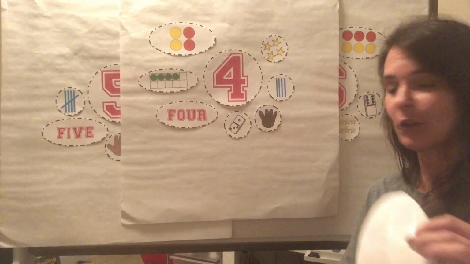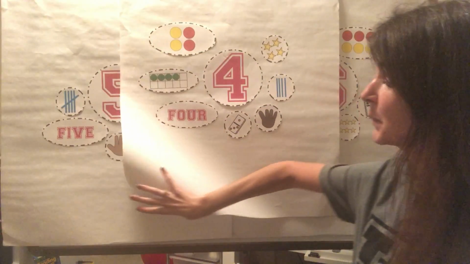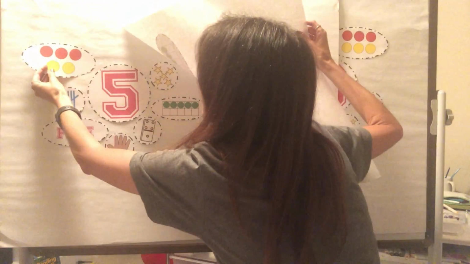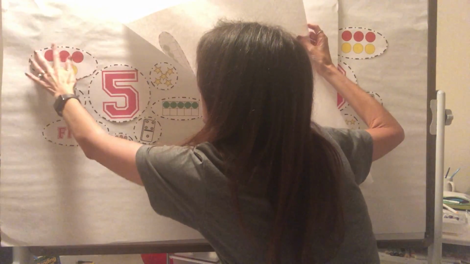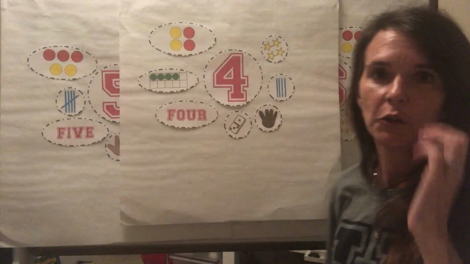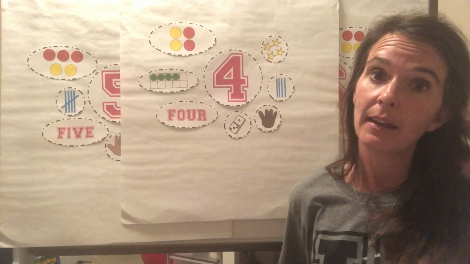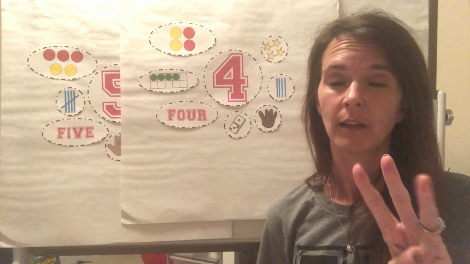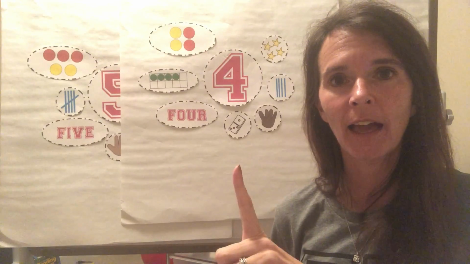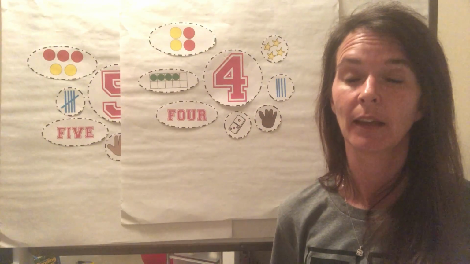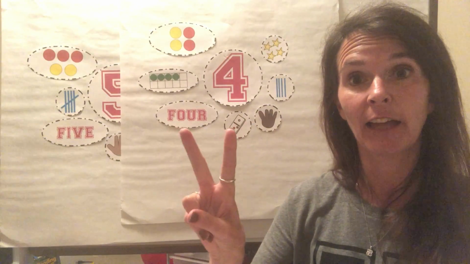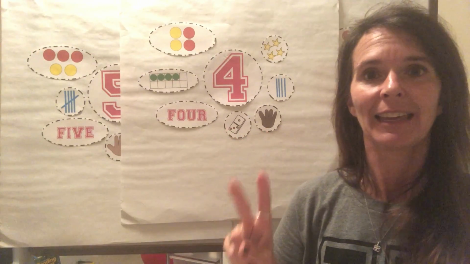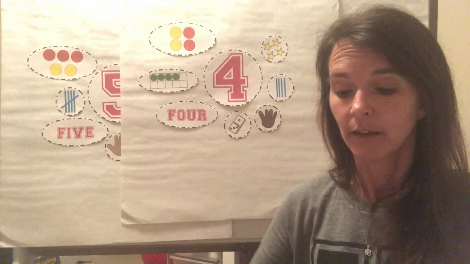So I'm going to introduce a couple of new words to you. Do you remember when we talked the other day about first, second, and third? We said if you're first in line, you're the first person. If you're second in line, you're number 2. If you're third in line, you're number 3.